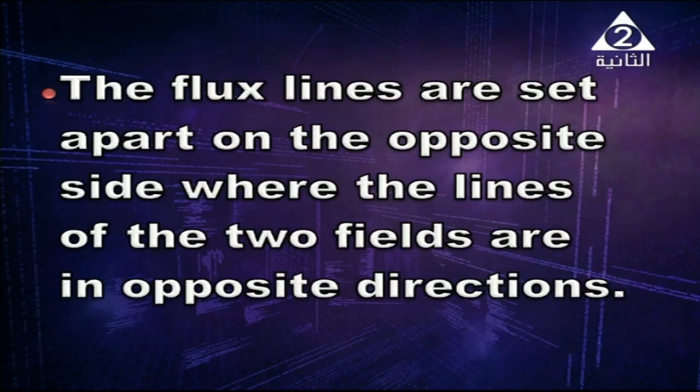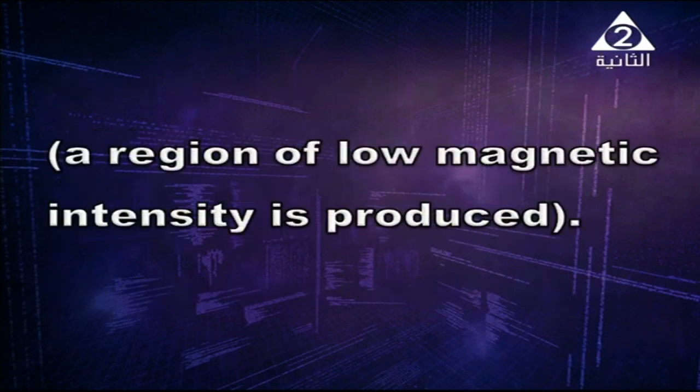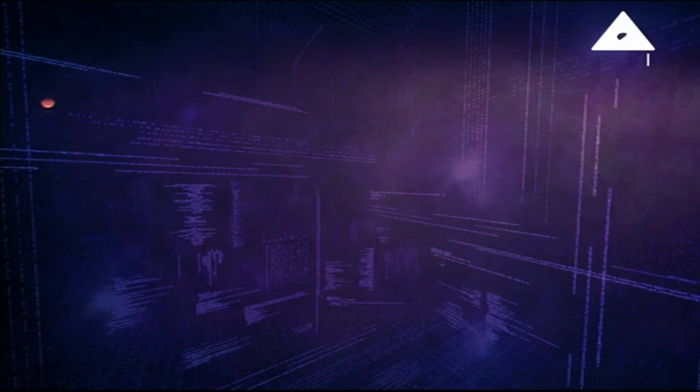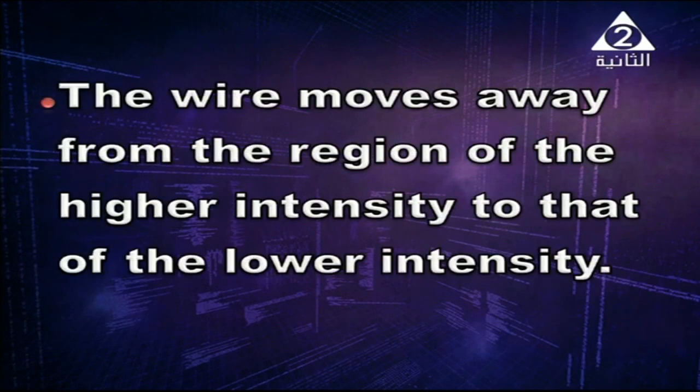The flux lines are set apart on the opposite side, where the lines of the two fields are in opposite directions. Here we've got a region of low magnetic intensity. The wire moves away from the region of higher intensity to that of lower intensity.